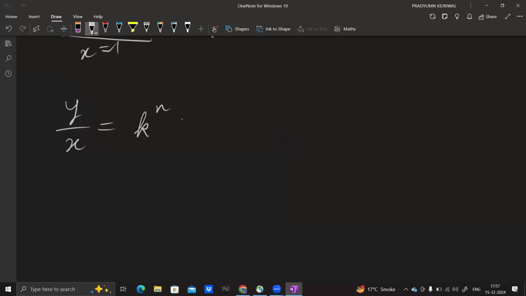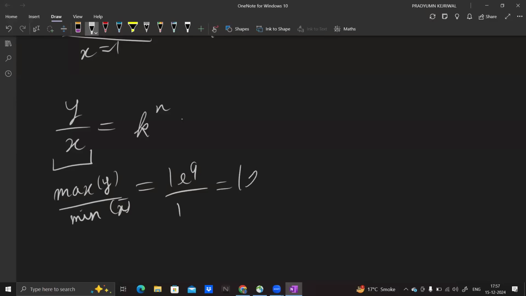So now I'm thinking how much can Y upon X go? So the answer is max value of Y upon min value of X. That would be the case where this would be maximum. So what can that be? That is 10^9 upon 1, which is 10^9. So at max, this value can go up to 10^9. So K to the power N can be at max 10^9.